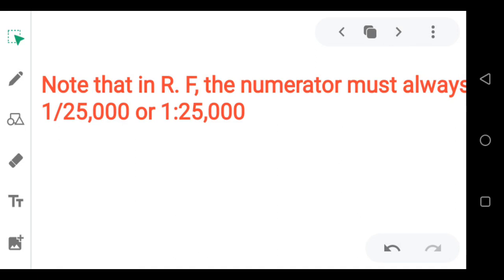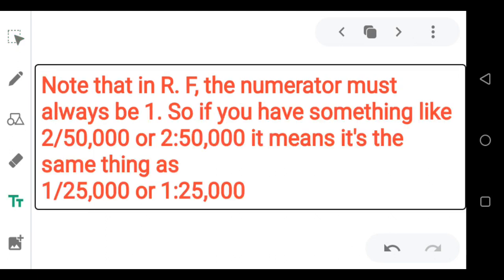Note that in representative fraction, the numerator must always be 1. So if you have something like 2/50,000 or 2:50,000, it's the same thing as 1/25,000 or 1:25,000.